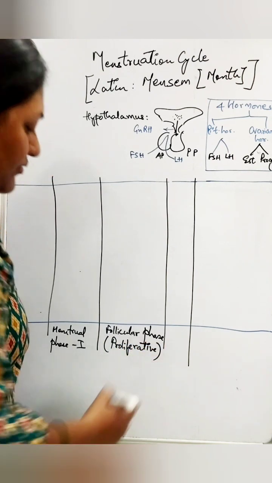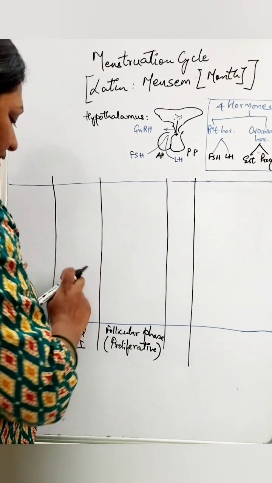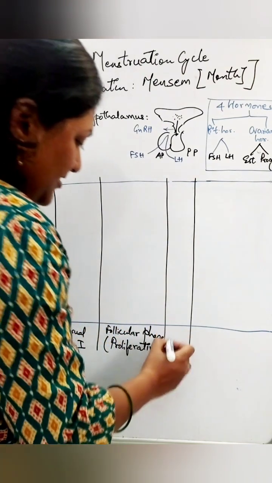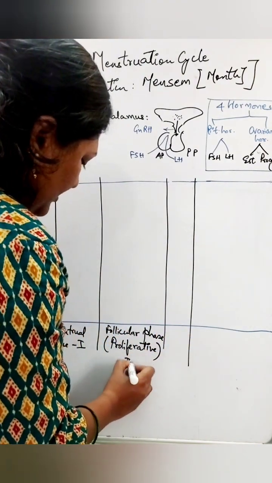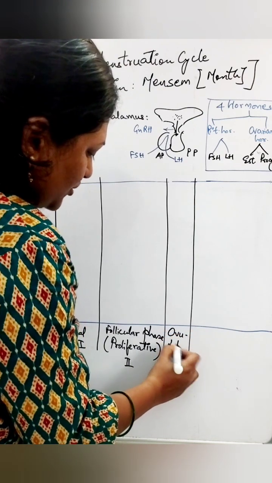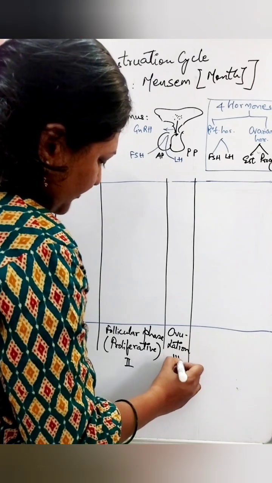This means the uterus lining will get deeper and regenerate its inner wall, the endometrium. Phase number 3 is the ovulatory phase, where the ovulation actually occurs.